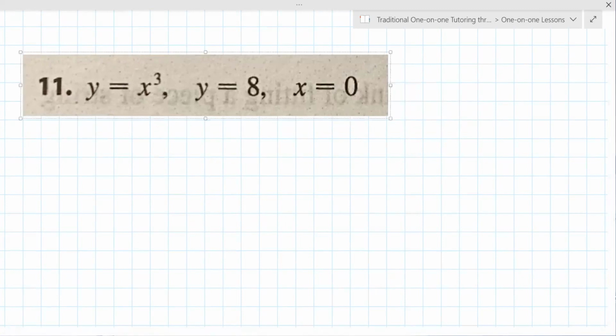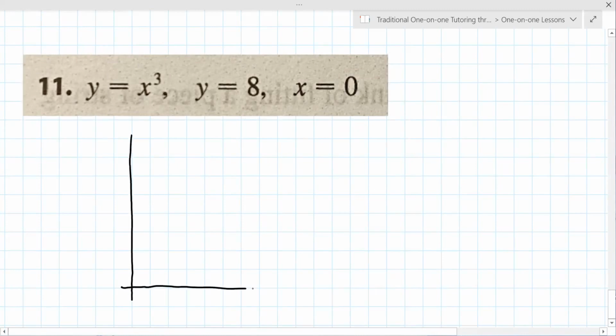All right, y equals x cubed, y equals 8. You try to stay in the x as long as possible. So y equals 8, 1, 2, 3, 4, 5, 6, 7, 8. That's up here. So at 2, there's this point (2, 8). You set these equal to each other: x cubed equals 8, x equals 2.